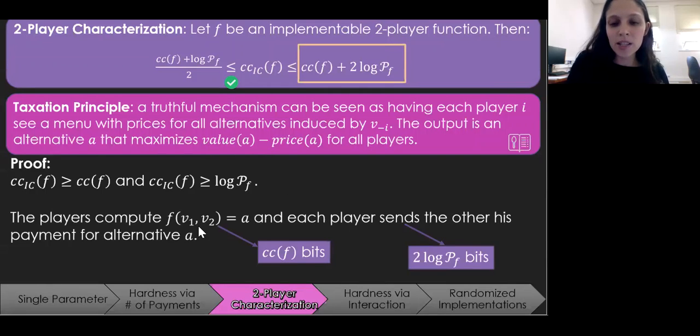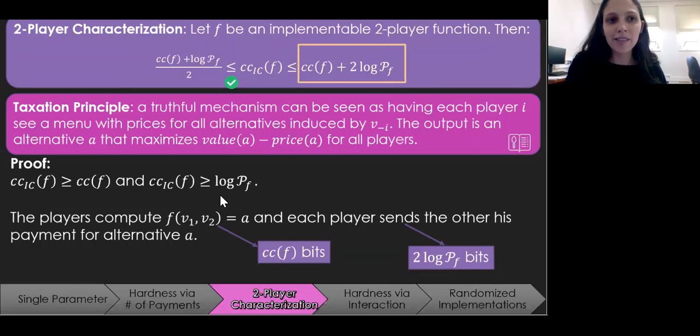Now let's see a protocol for implementing the function, which means computing the function and the payments for both players. First of all, the players use the protocol of the function and get the alternative, and therefore they use CC(F) bits. Then they both know the alternative chosen.